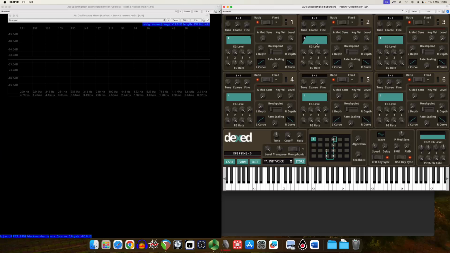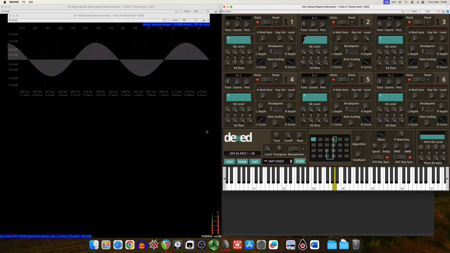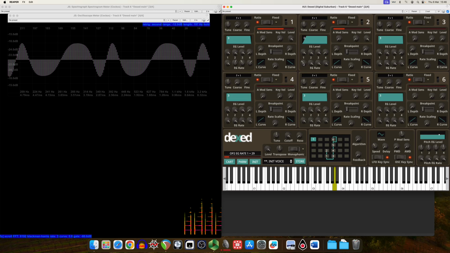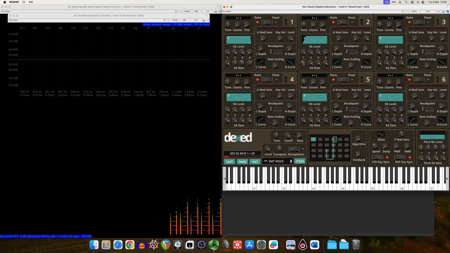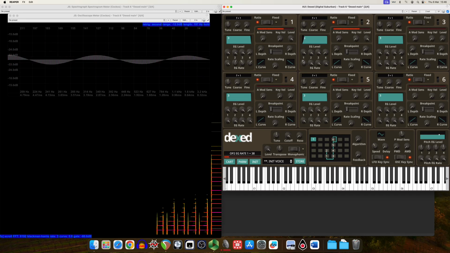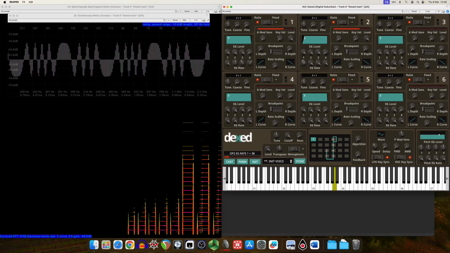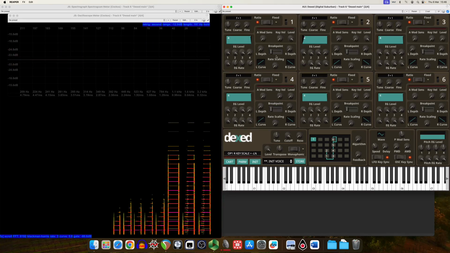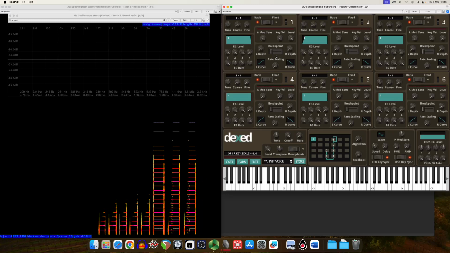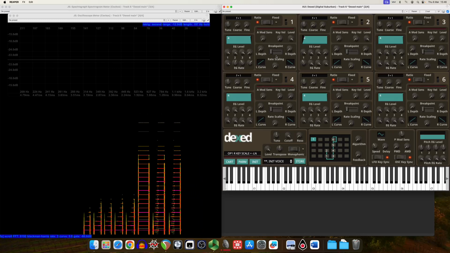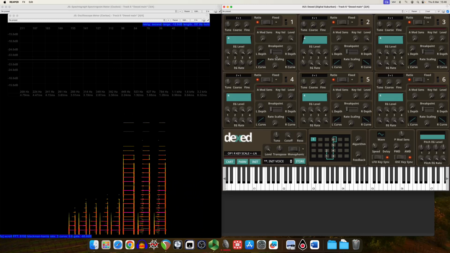The level of operator 2, which controls the number of sidebands, therefore acts like the cutoff frequency of a low-pass filter, going wah.